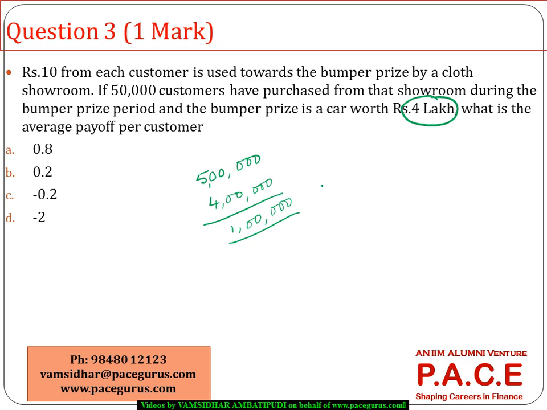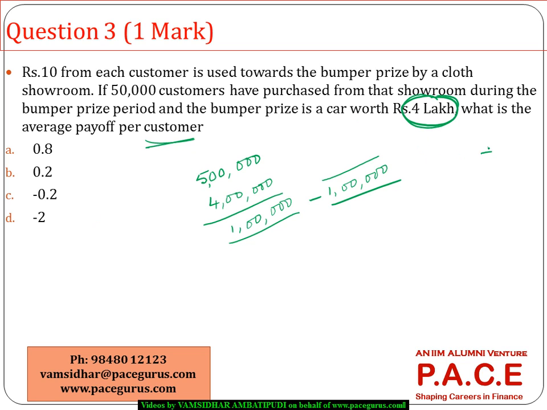Means the overall customers group have got a loss of 1 lakh, and we are asking of average payoff per customer. So per customer, the contribution would have been 10 rupees, but what is coming out?